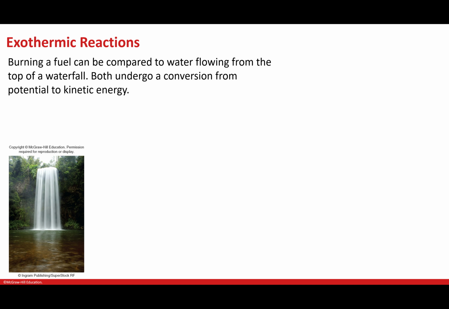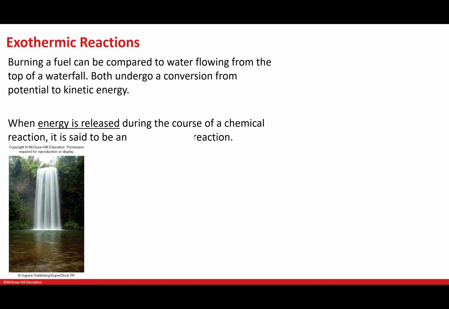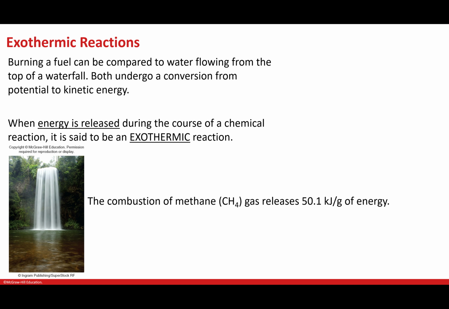So I want to talk about these 2 types of reactions, one that gives off energy, called exothermic, and one that takes in energy, called endothermic. Exothermic reactions are going to release energy as the chemical reaction occurs. All of our combustion reactions would be exothermic.